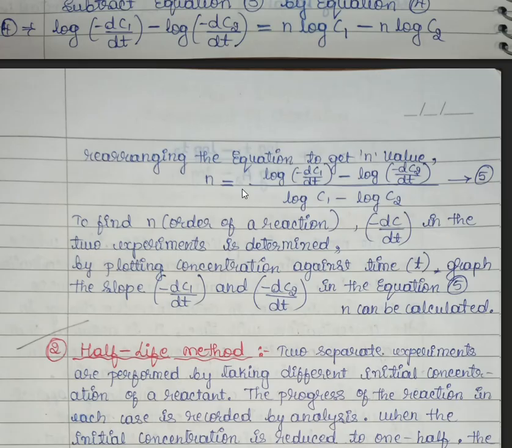So this is the final equation, where n is the order of the reaction. Here we plot a graph of concentration against time t. We get slopes minus dC1 by dt and minus dC2 by dt, and substituting these values in equation 5, we can calculate n.